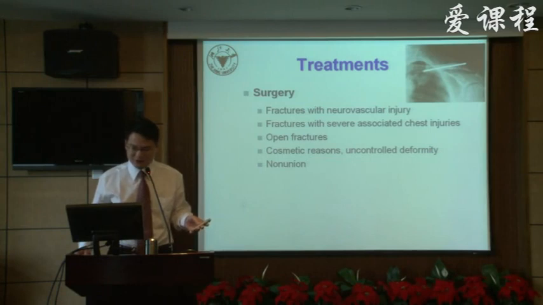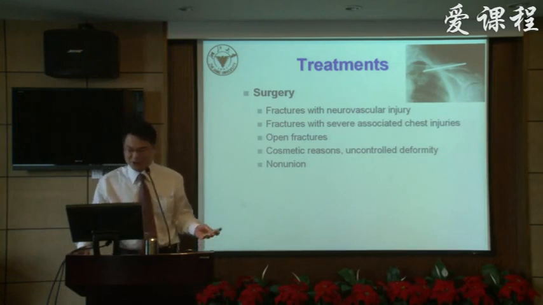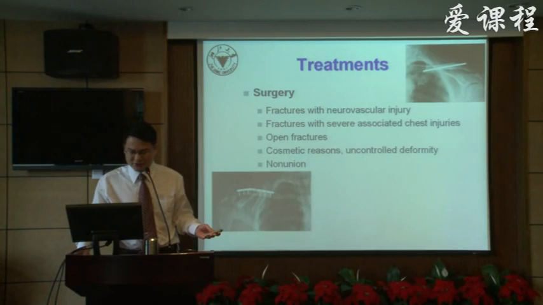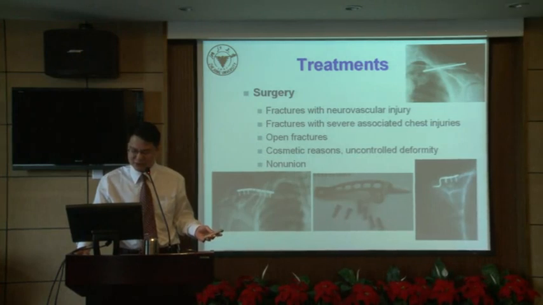And here, in this case, we use K-wire to immobilize, K-wire as an internal instrumentation. And this is the most commonly used, which is plate and screws. And occasionally, if the fracture is located at the outer 1/3 of the clavicle, we will use this clavicle hook.